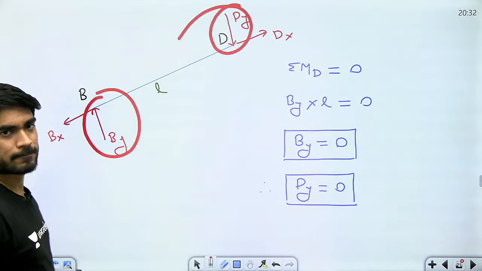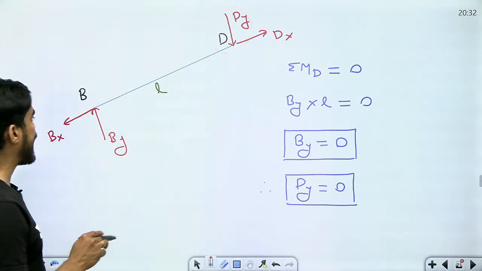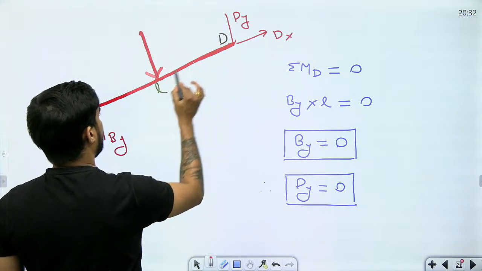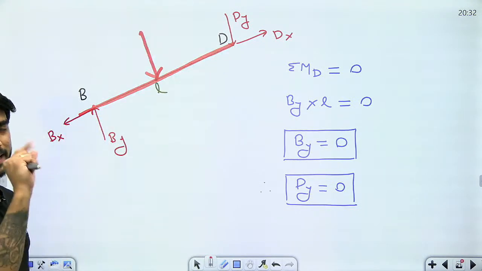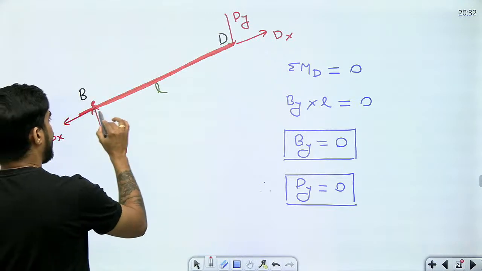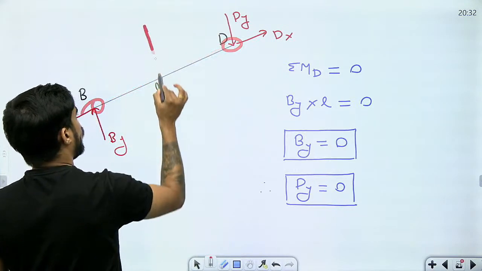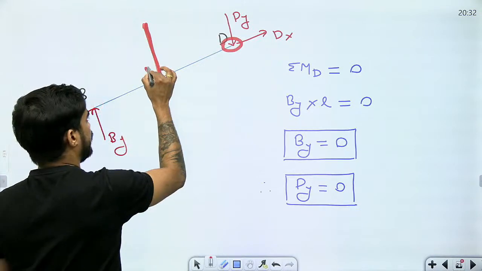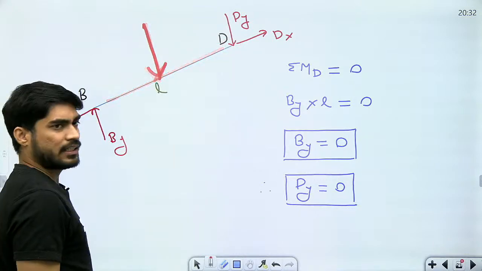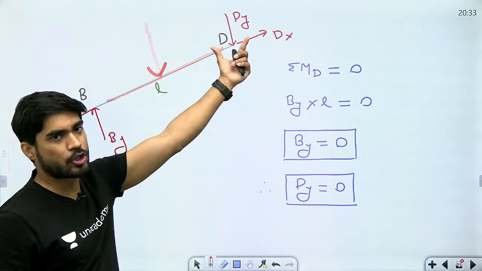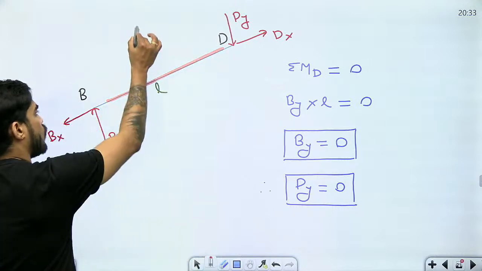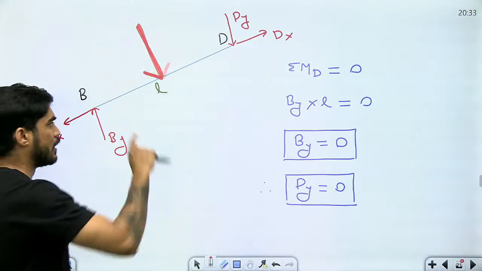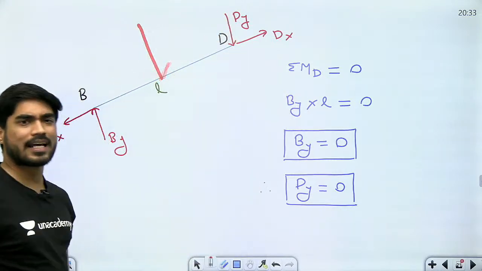First is that there is no other force between B and D, right? If there was a force between B and D, then by and dy would not be zero.